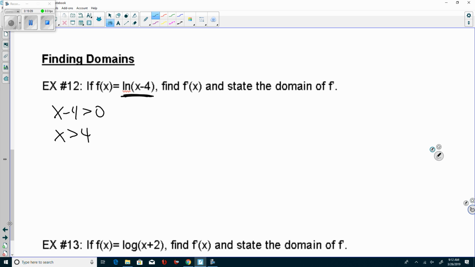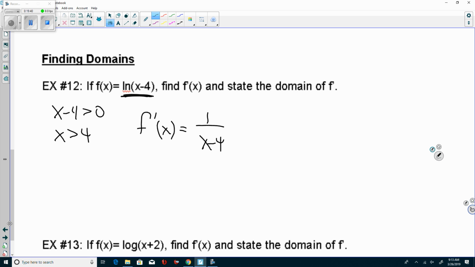So when I go to the derivative, ln of u, right, so it's 1 over u times u prime. I'll use u because I don't want you to get confused with log base a. So we have 1 over x minus 4 times u prime, which is just 1. So my derivative is 1 over x minus 4, done.